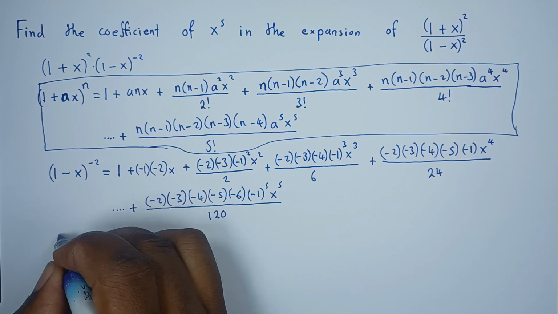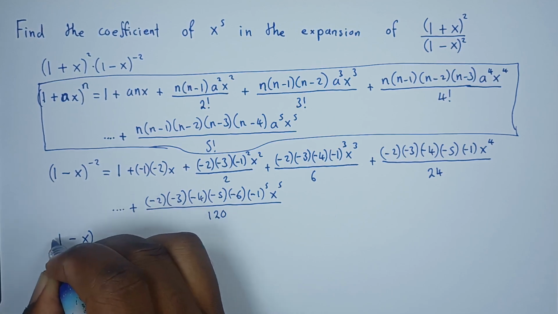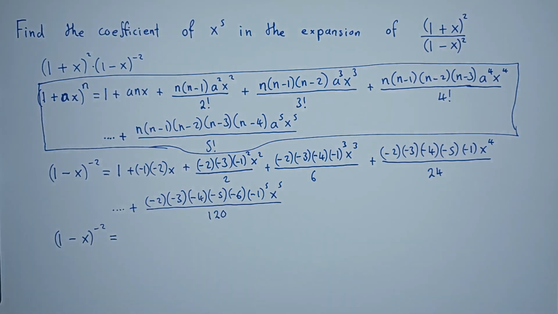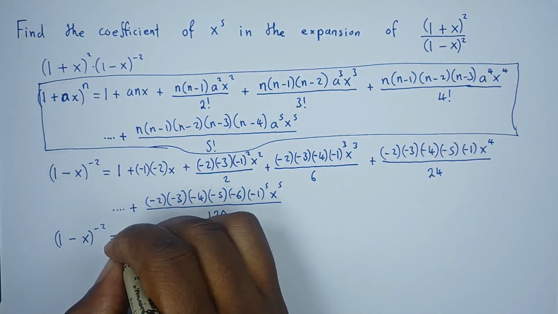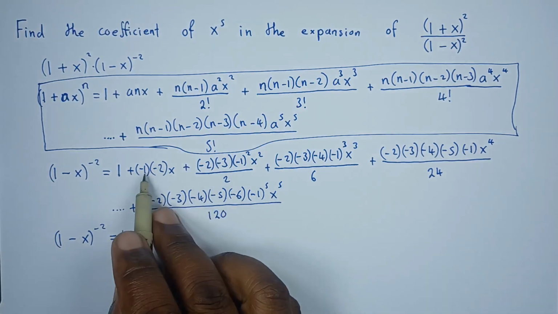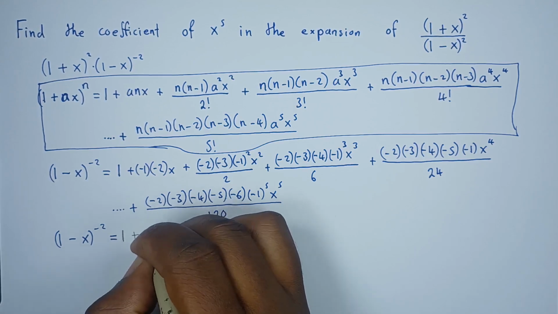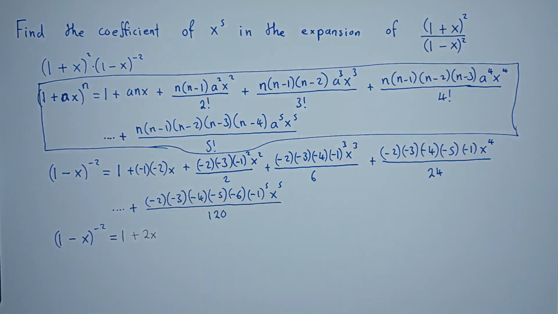Okay, so let's simplify now. (1 - x) raised to the power -2. Since we're simplifying, we can have it as 1, that's the first term. Multiply these two, of course, we'll just get 2x, positive.